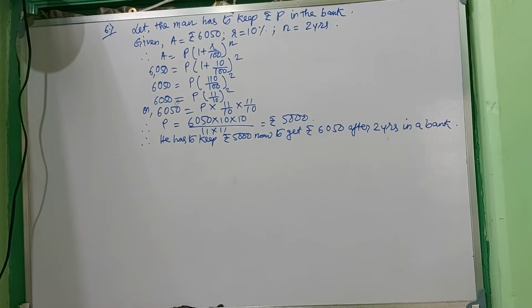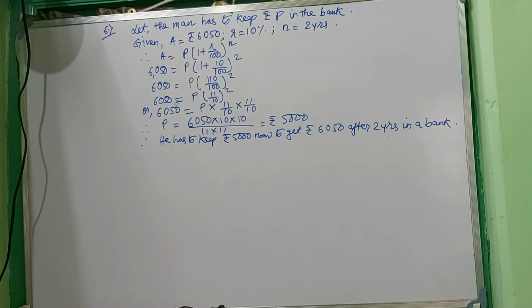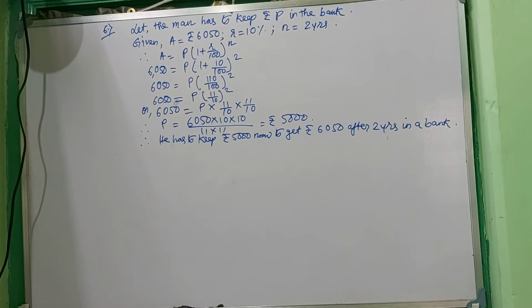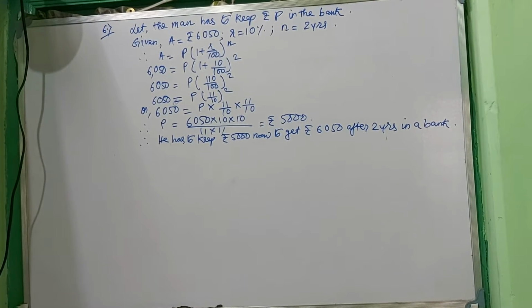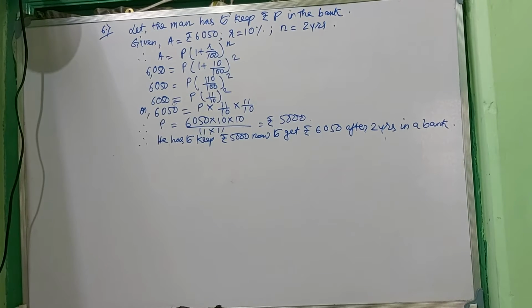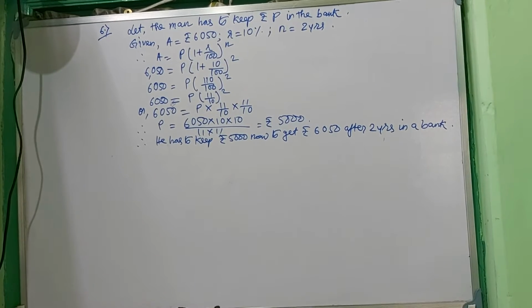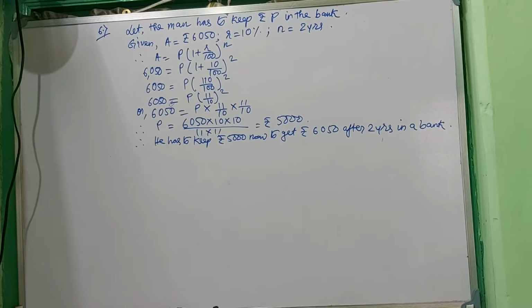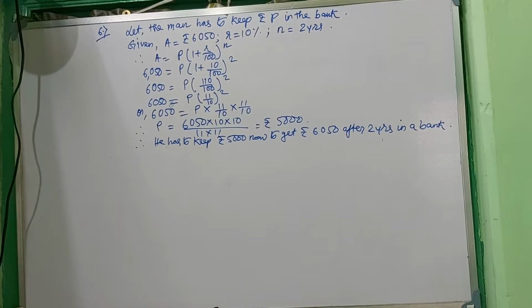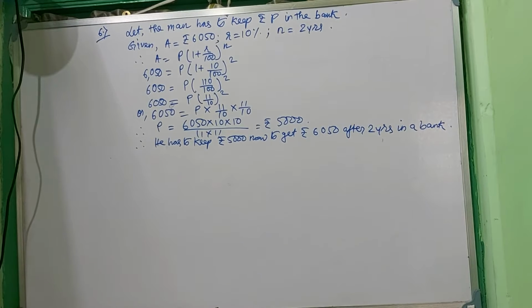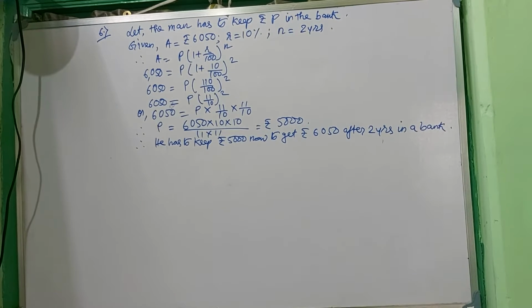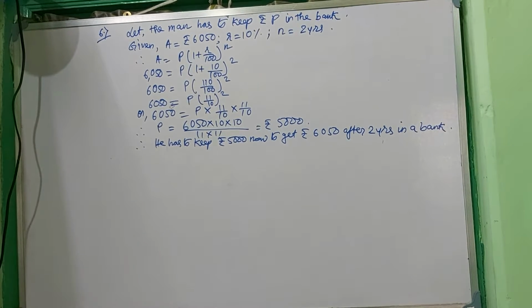If it is clear, then I'll move on to my next homework sum, which is sum number 8. It states that a sum of rupees 5,000 is deposited in a bank for 3 years. The compound interest rates for the first 2 years are different, 10% and 12%.